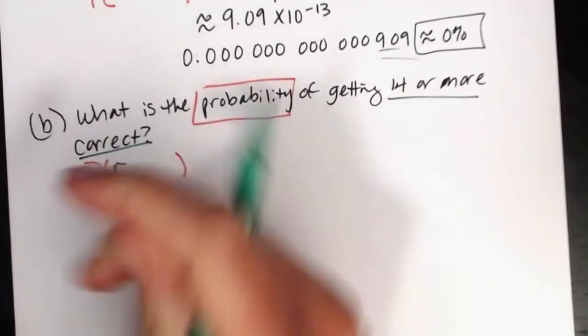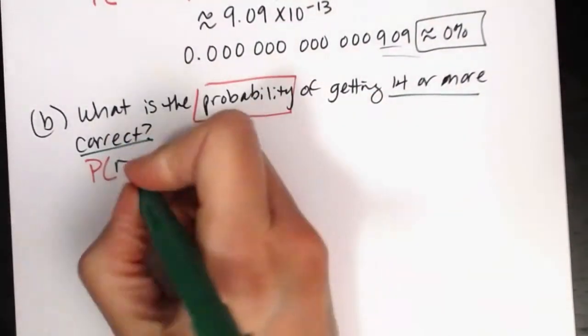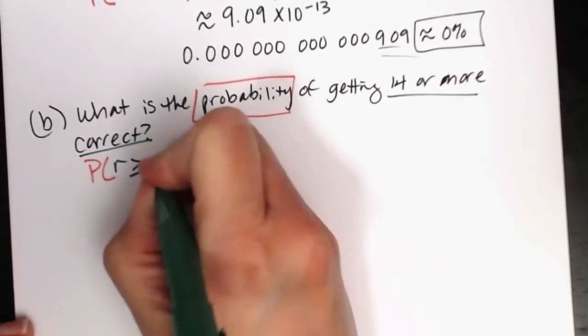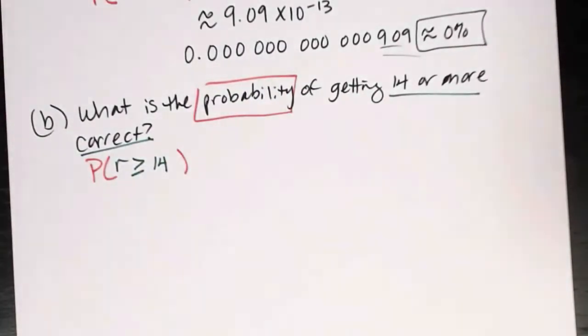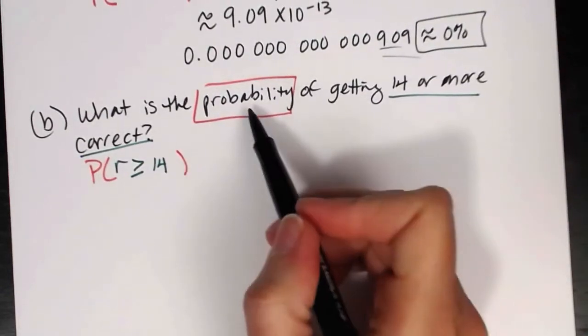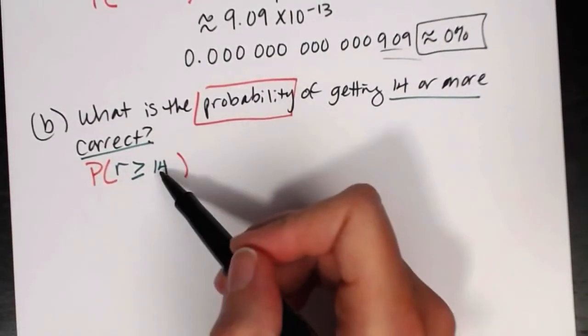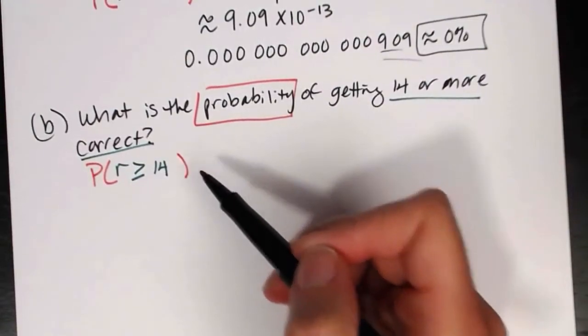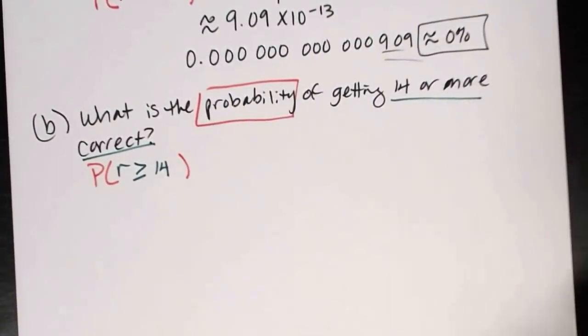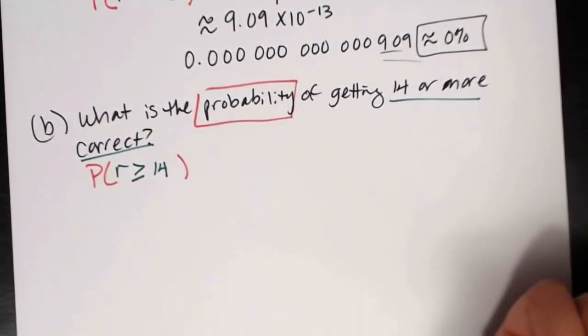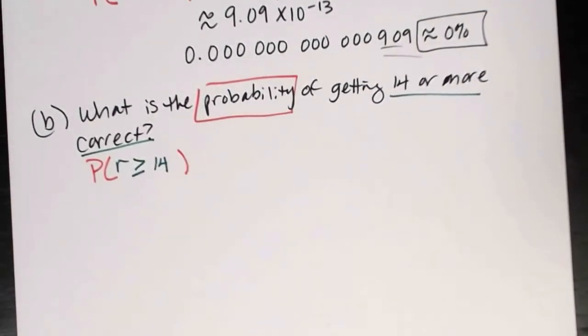If I'm thinking about my lowercase letter r here, that's r greater than or equal to 14. And certainly what you could do is you could find the probability associated with exactly 14, 15, 16, 17, 18, 19, and 20 and add them all up, and that would work. But there is a way to do this in the calculator that's much faster.